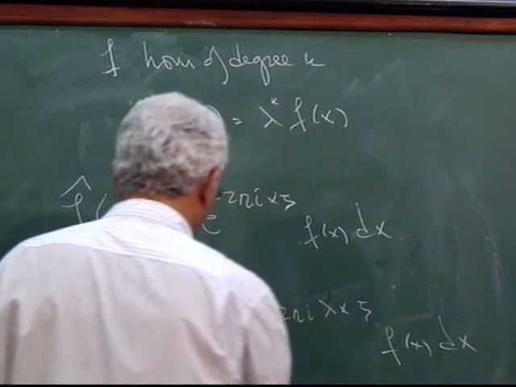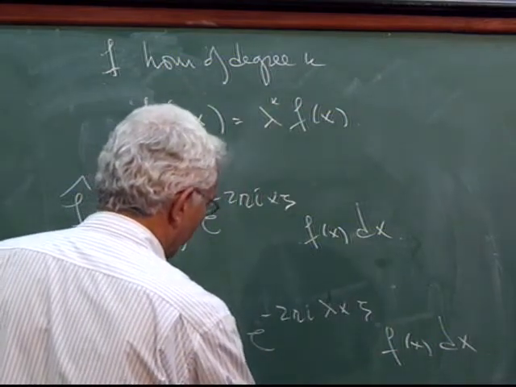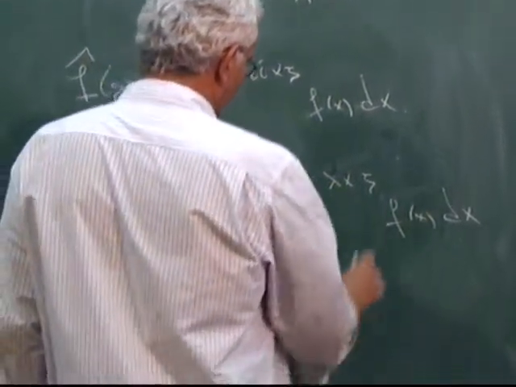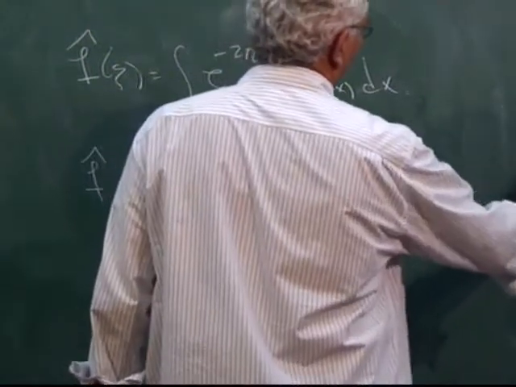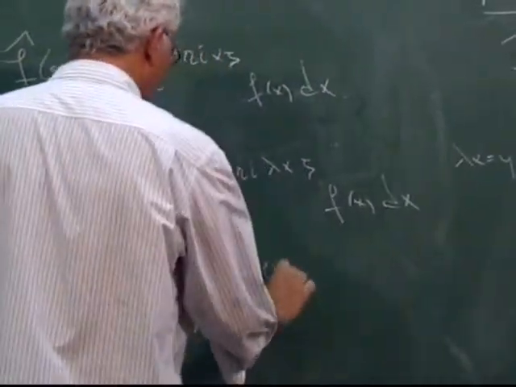I have e to the minus 2 pi i, then I call lambda x equal to y, therefore this is yc.